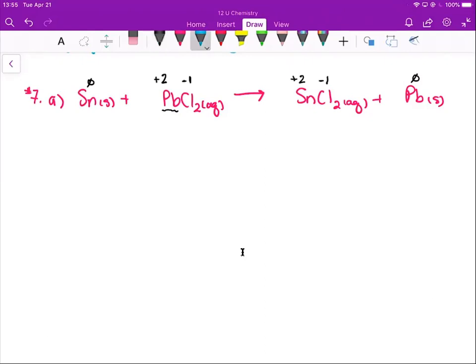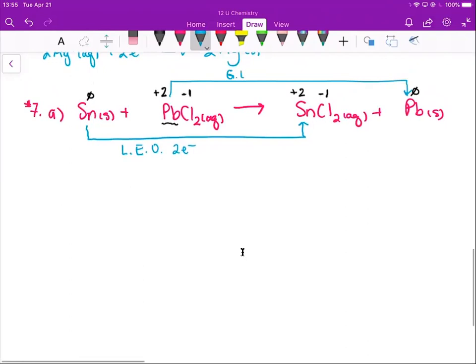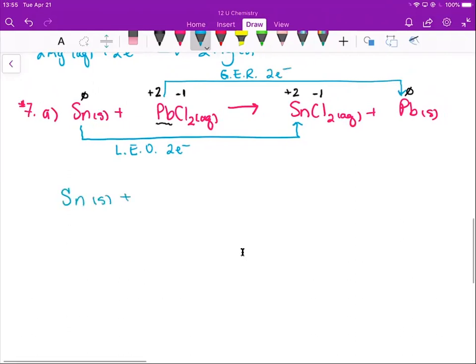Now we have to connect that which is being oxidized and reduced. So you can see that there's a change in number for tin, and there's a change in number for lead. So tin is going from 0 to +2, so it's losing 2 electrons. And lead is gaining 2 electrons. So when you write the balanced half reactions, you're not involving the chloride because it's not changing in any way.